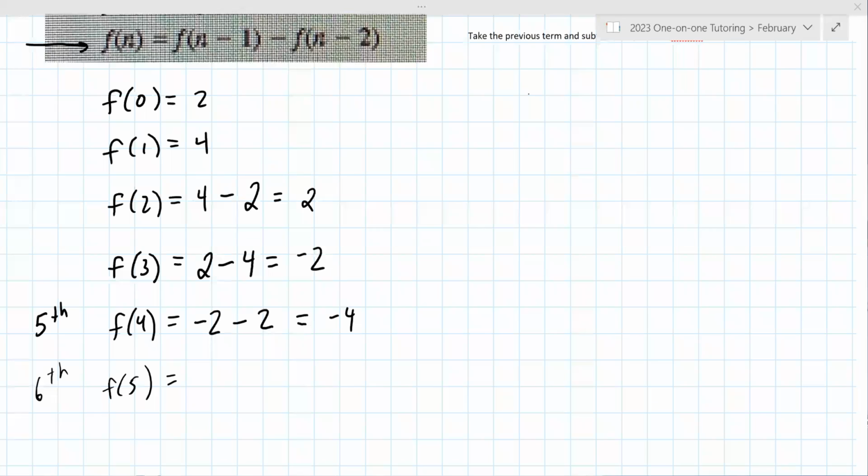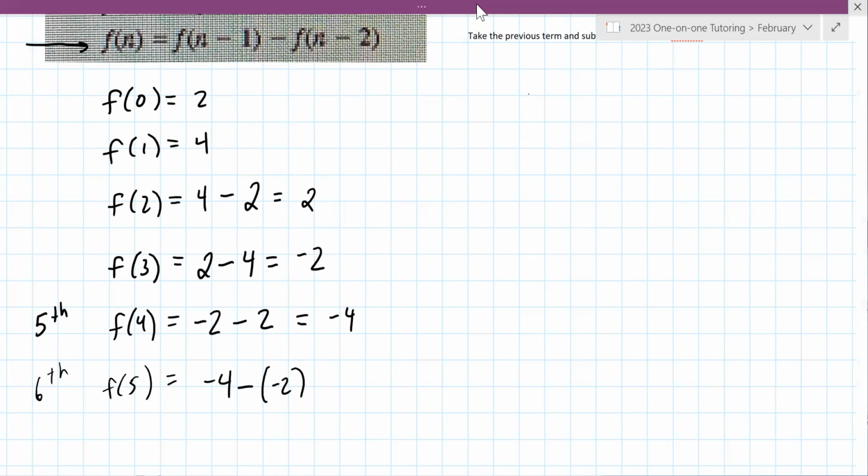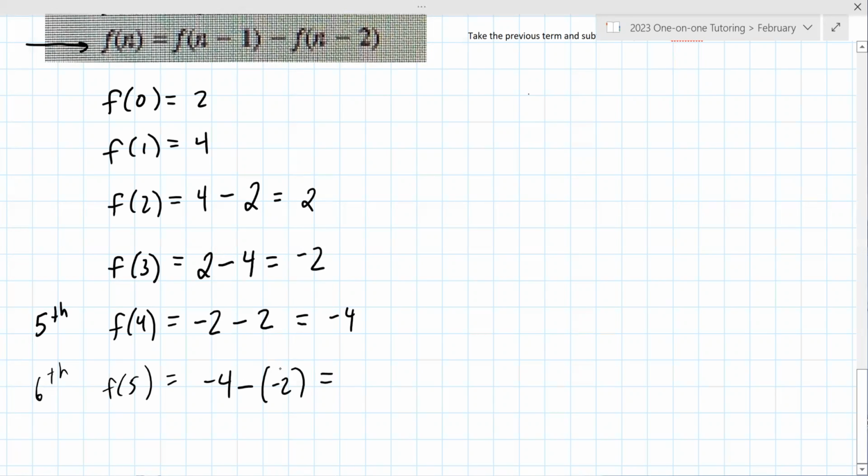It'd be -4 minus 1, which is -5. -4 minus the previous term. Or, yeah, that'd be -3. This is the previous term. Oh, okay. So 4 minus -2. So that'd be -2.